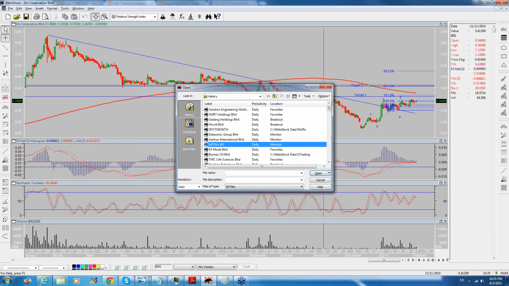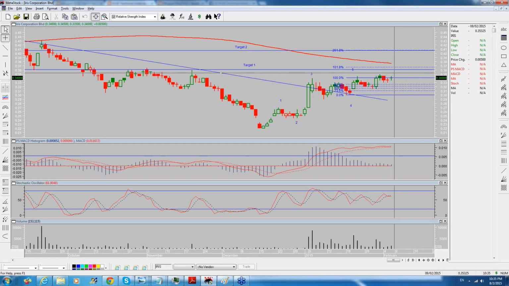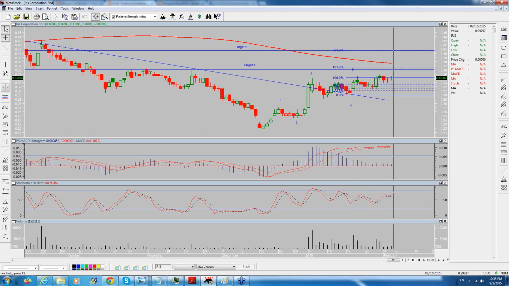Okay, looking at Iris, it's forming like a doji, and the consolidation is still ongoing. The support level is shown at 31.5. As long as 31.5, the immediate support is 31.5.